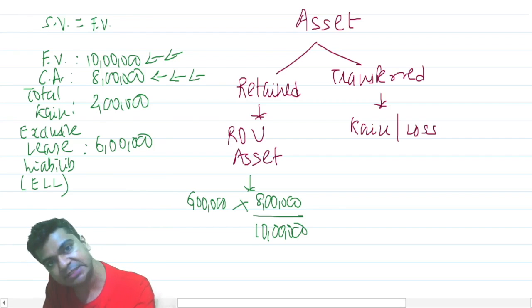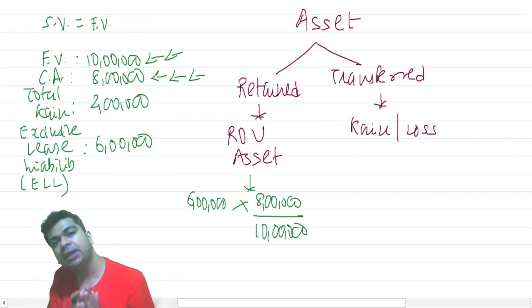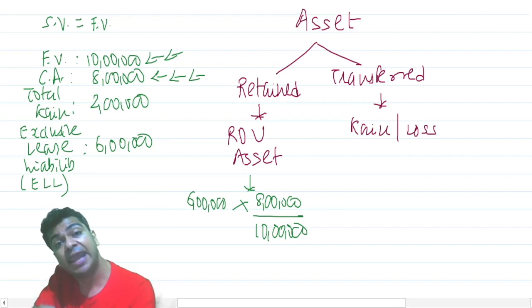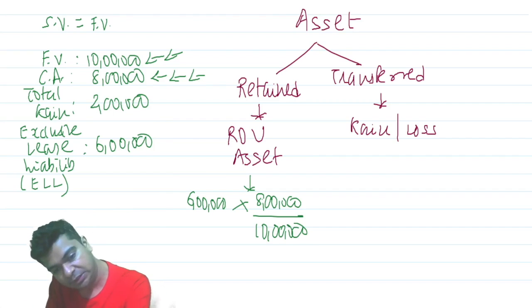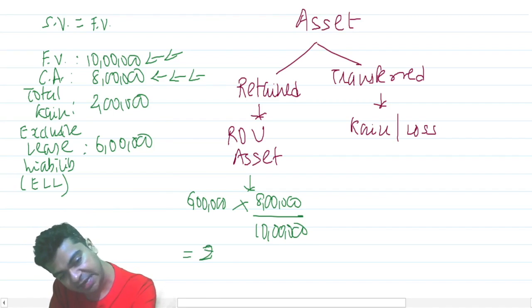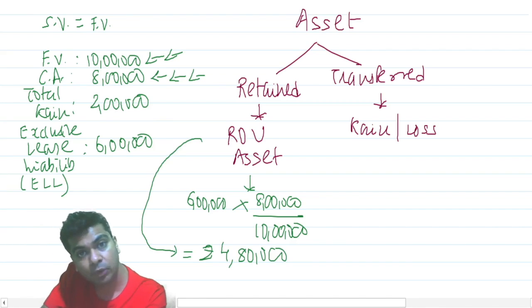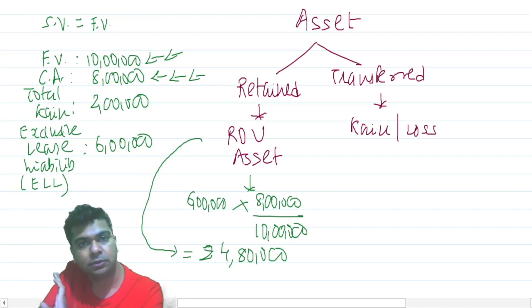So I'm taking the lease liability and multiplying it by the proportion of the carrying amount in the total fair value. As I do this, I get 4,80,000. So ROU asset will be reported in my books at 4,80,000.